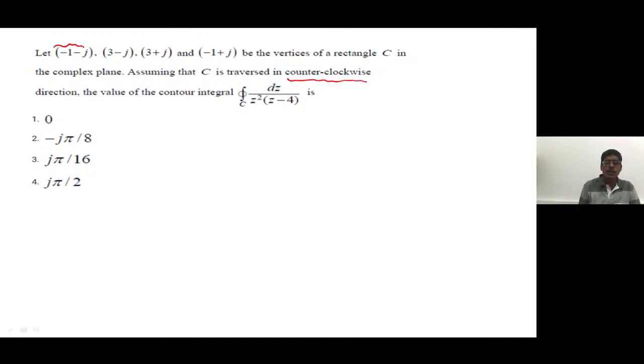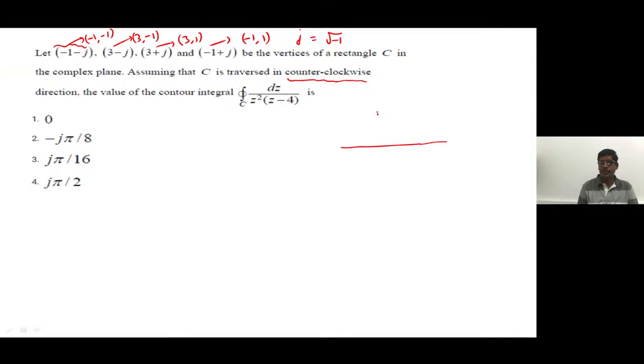So this minus 1 minus j can be written in 2D geometry as minus 1 comma minus 1, and this is 3 comma minus 1, easy to understand, and this is 3 comma 1, and this is minus 1 comma 1. j value is nothing but root over minus 1. Okay, so I can draw the rectangle on the number line.